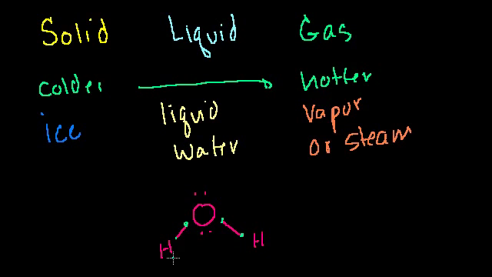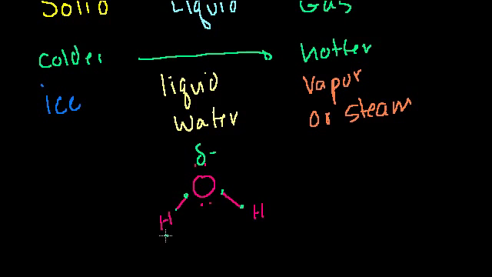And what that results in is that on the oxygen side of the molecule, you end up with a partial negative charge. And we talked about that a little bit. And on the hydrogen sides of the molecule, you end up with a slightly positive charge. Right there, slightly positive.